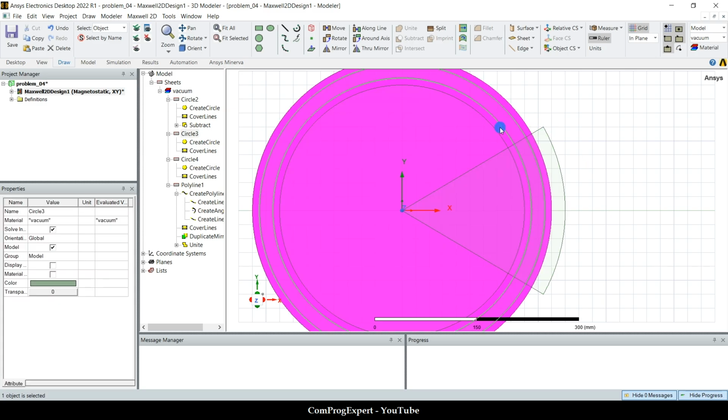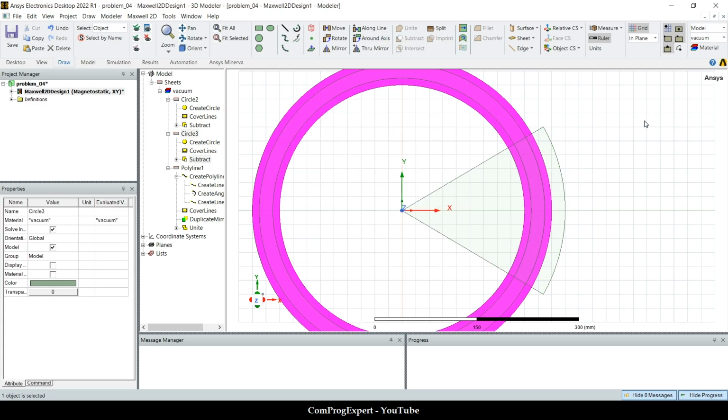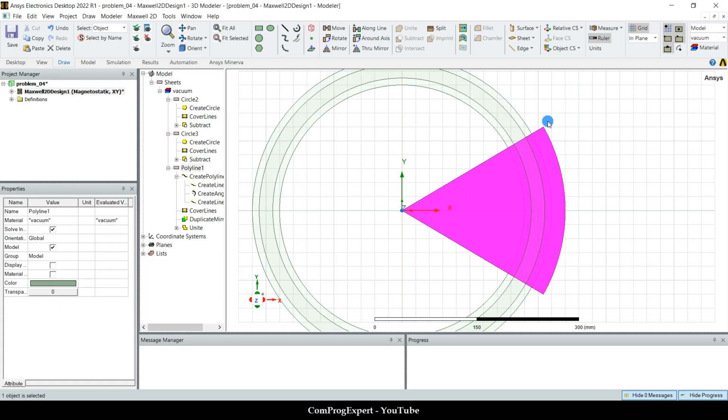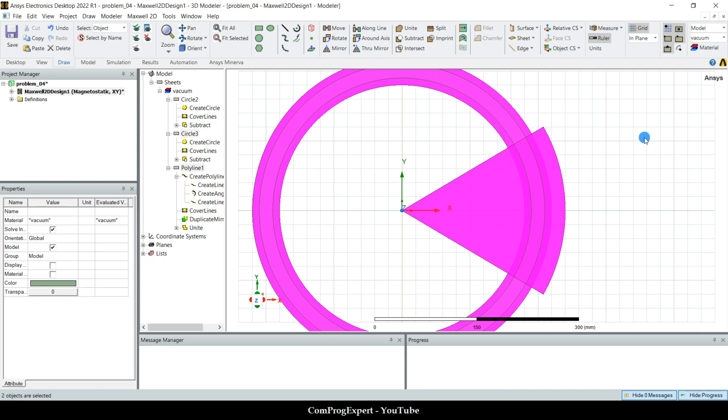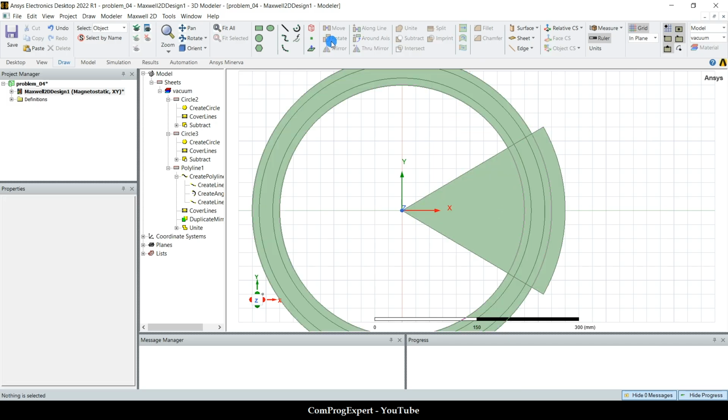So select this circle, subtract, then this object, we can subtract.